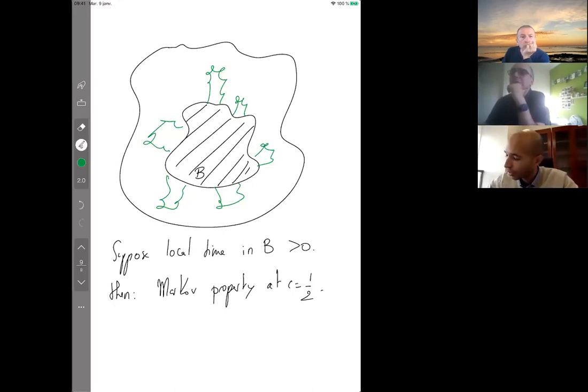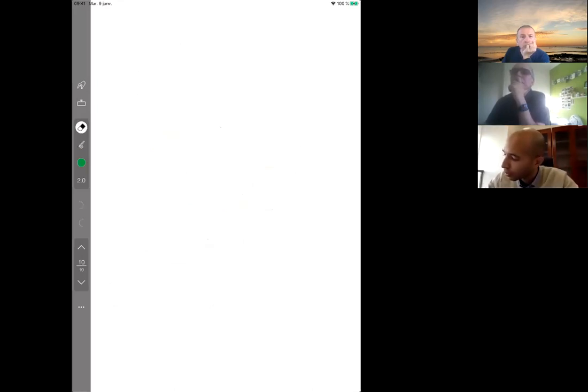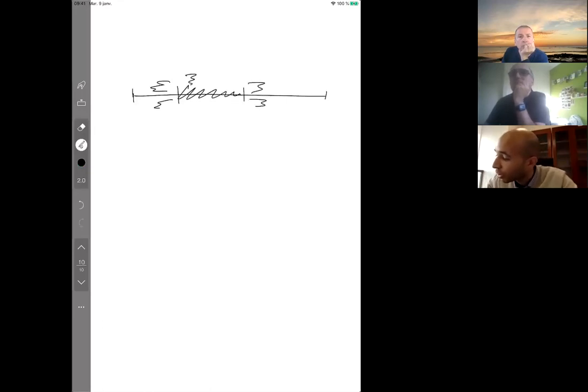For example, you look at a loop soup in an interval, you explore this region, and you want to know what's happening outside. It will be independent of what's happening inside when you condition on the local time at the boundary.